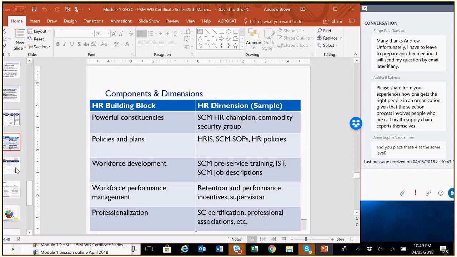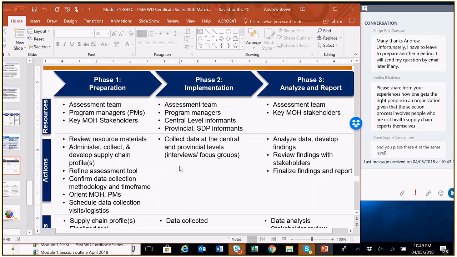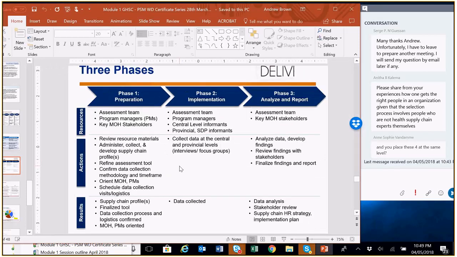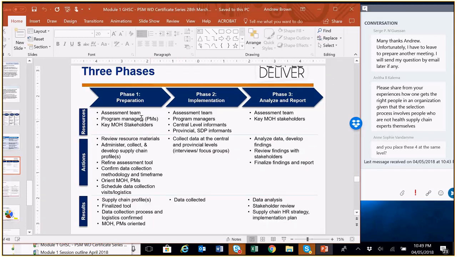So basically, in this particular process, there is a preparation by having an initial group of people to get a scope for what we're trying to achieve and have an assessment team, and that reviews resources and materials, pulls things together, confirms the methodology and refines the tool for local application, and then pulls together all the results.